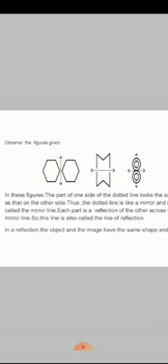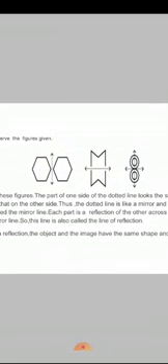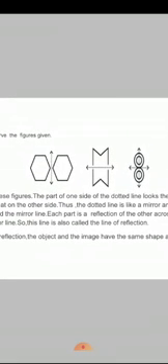Because a vertical line is given. But here a horizontal line is drawn. A horizontal line shows a water image, isn't it? Now the image we are getting is a reverse image. For number 8, we have one mirror image and a water image.